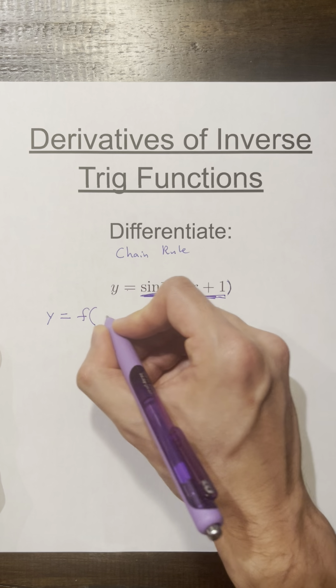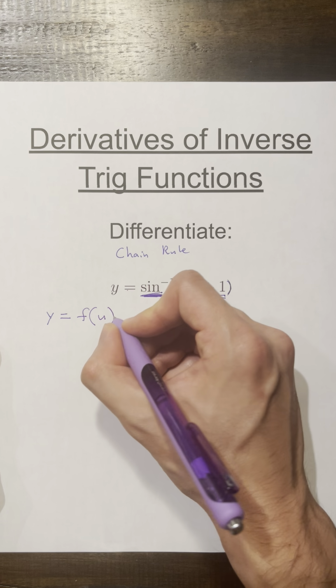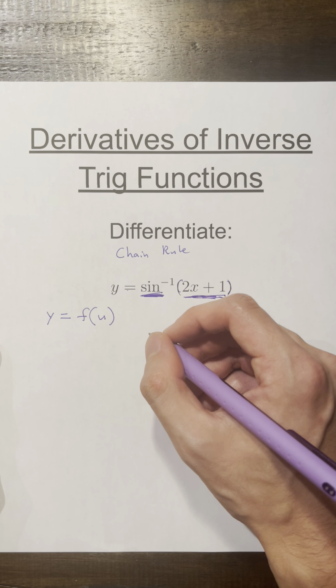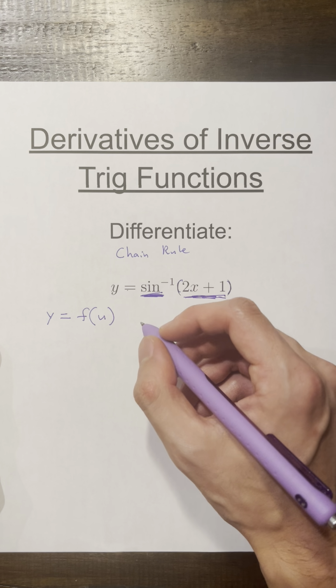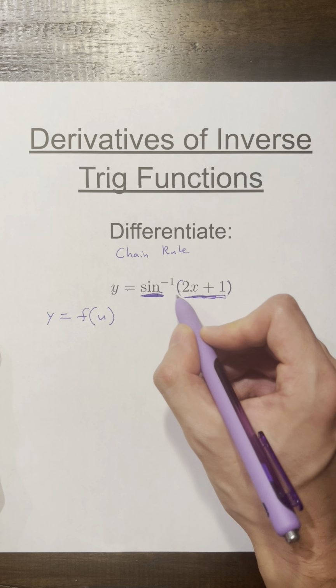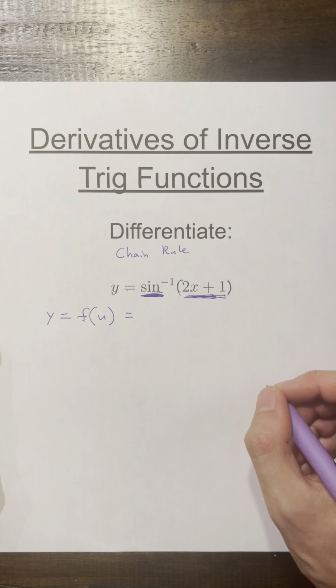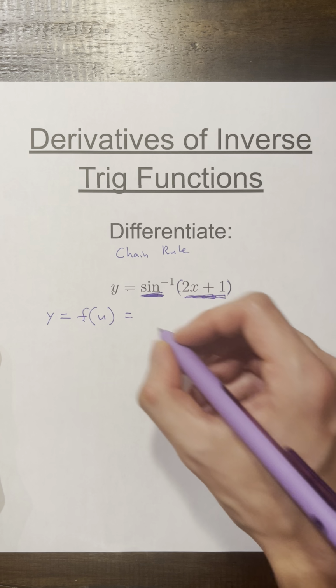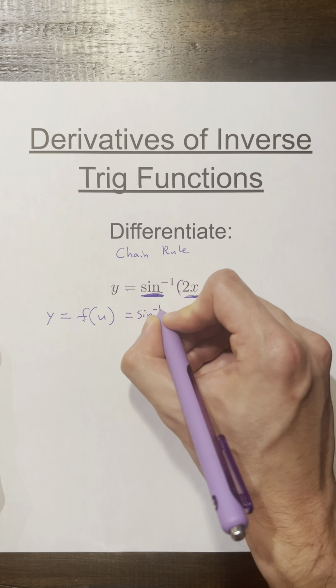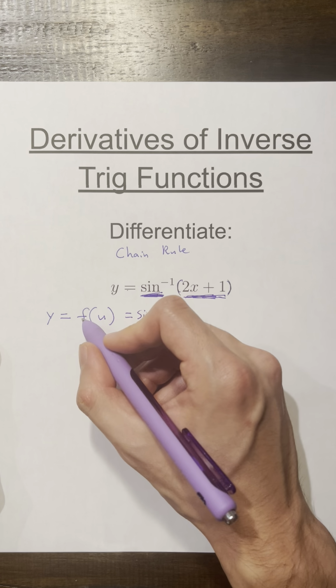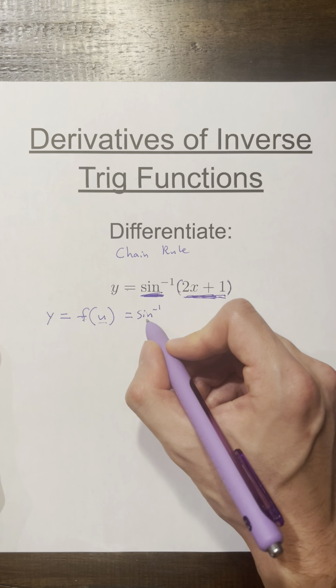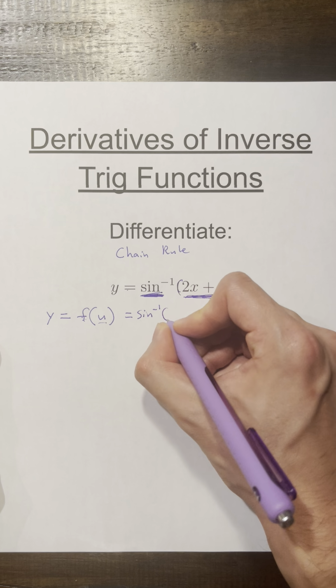I'm going to call this u, but we'll talk more about it in a second. Okay, so f of u, and f was what again? Arcsine. So f of u is the same as arcsine of u.